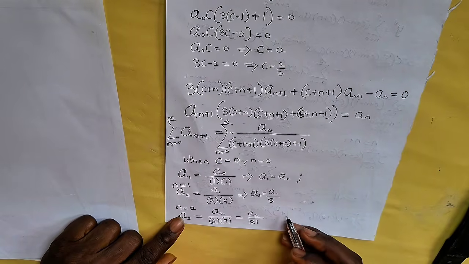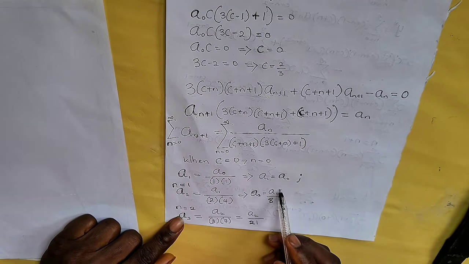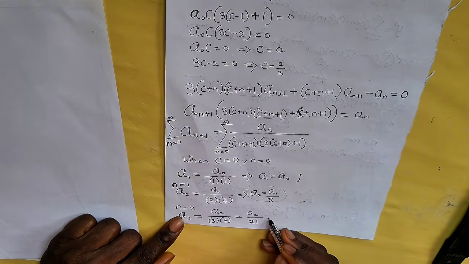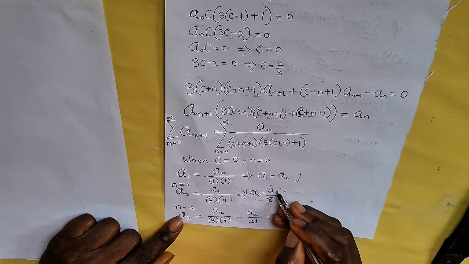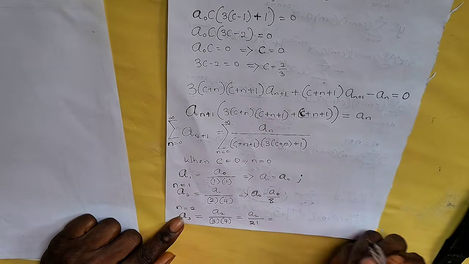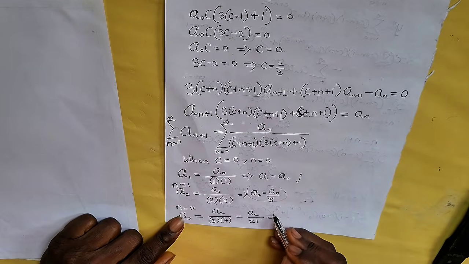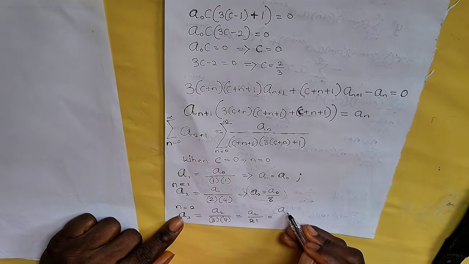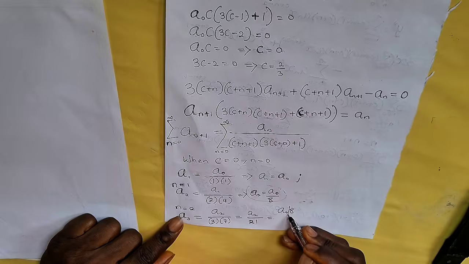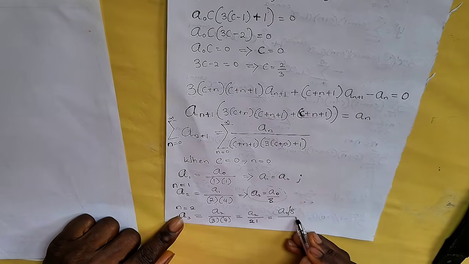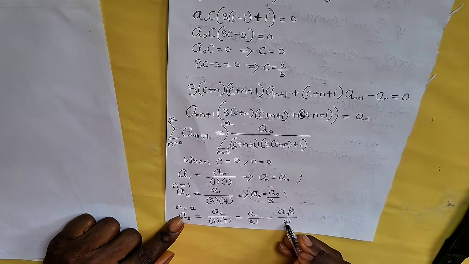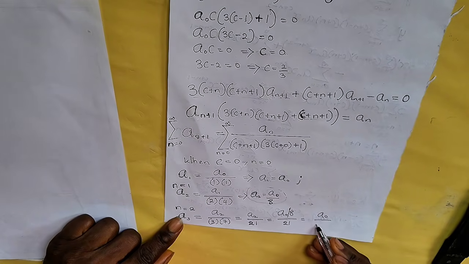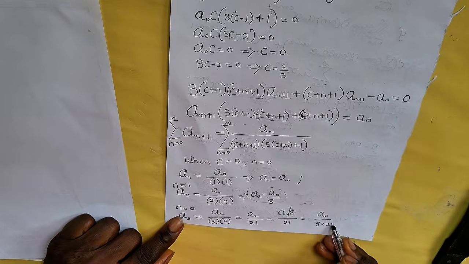A2 over 21. But remember from here, I have that a2 is equal to a1 over 8. And I can still write this as a0 over 8 because I said that a1 equals a0. So instead of this a2, I can replace it as a0 over 8. Then over 21, which will give me a0 over 8 times 21.